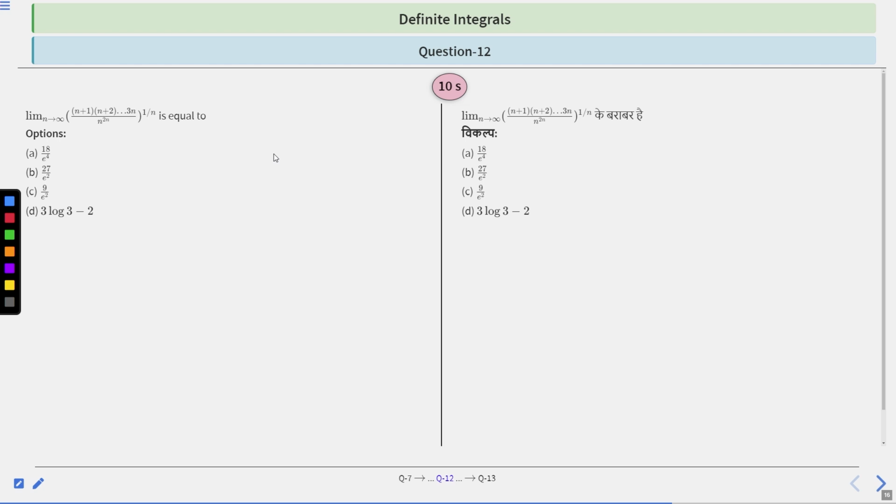After taking n as common, you can take 1 by n as dx and r by n as x, and after that you can write it in summation form, and the limits of integration will depend upon the upper and lower limits of the summation, right? So in this way you try to approach this question. You have 10 seconds to solve or think about this question. After 10 seconds we will discuss the solution.